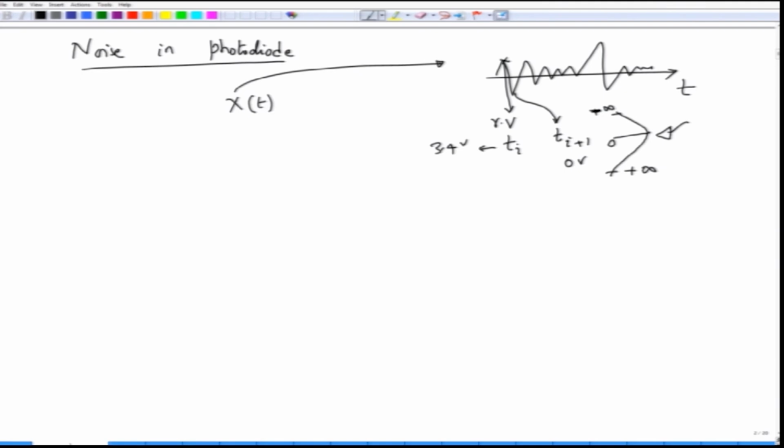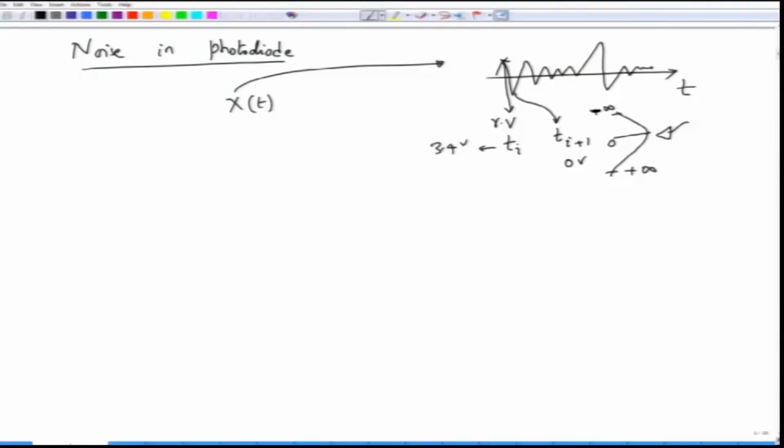So, a stochastic process is essentially a sequence of random variables. These random variables actually follow a certain probability distribution function. The characteristic of this stochastic process is that you can talk about the average value of x of t.